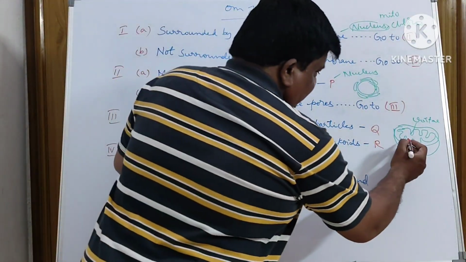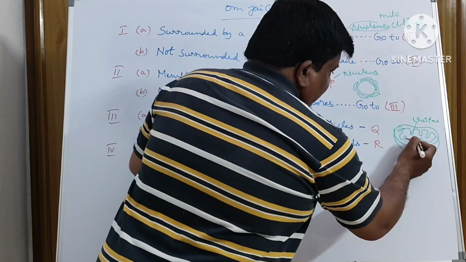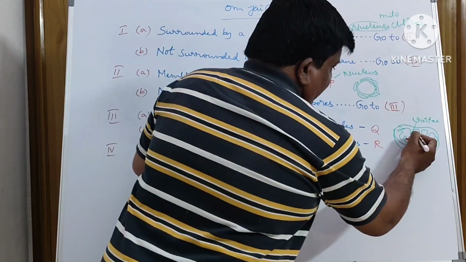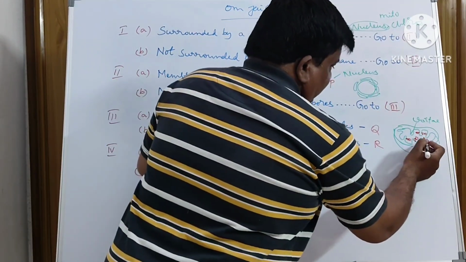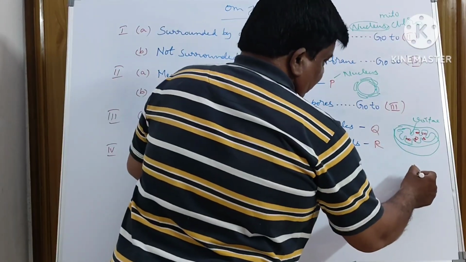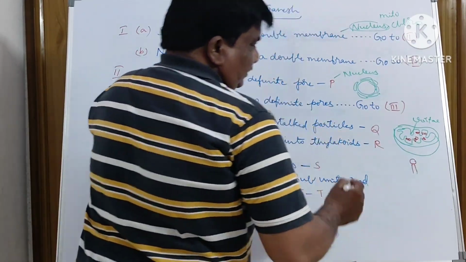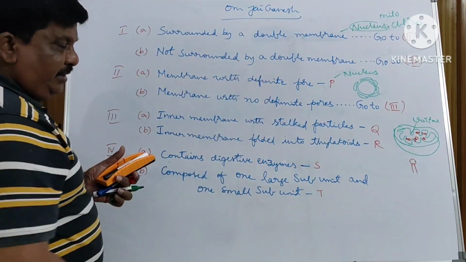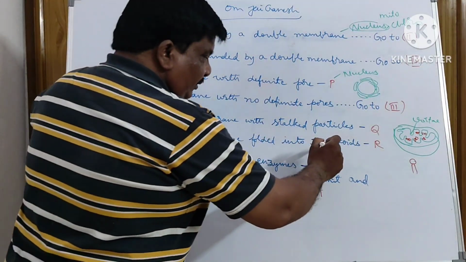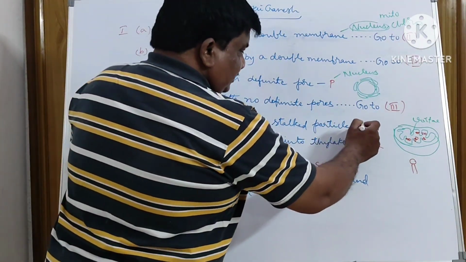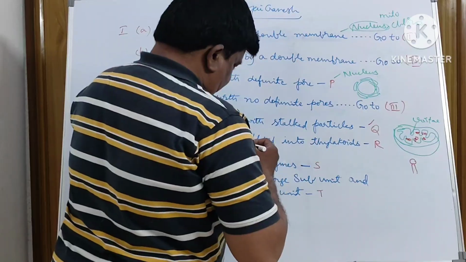What are stacked particles? The particles which have a head and stalk. These are elementary particles. They have stalk and head. They are present in mitochondria. So inner membrane with stacked particles, Q, is nothing but mitochondria.